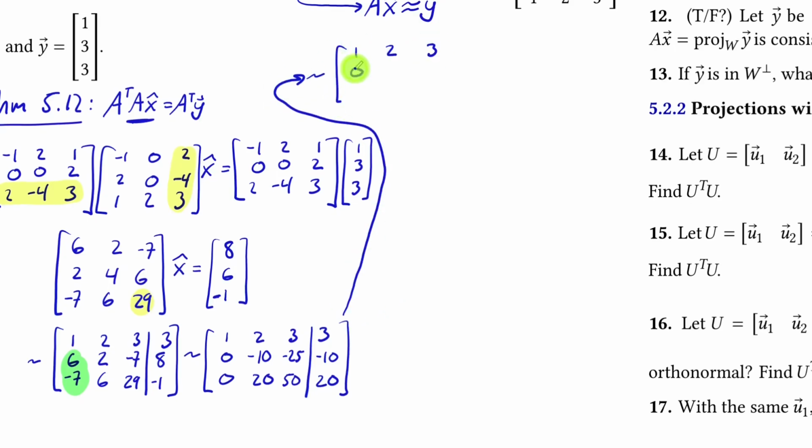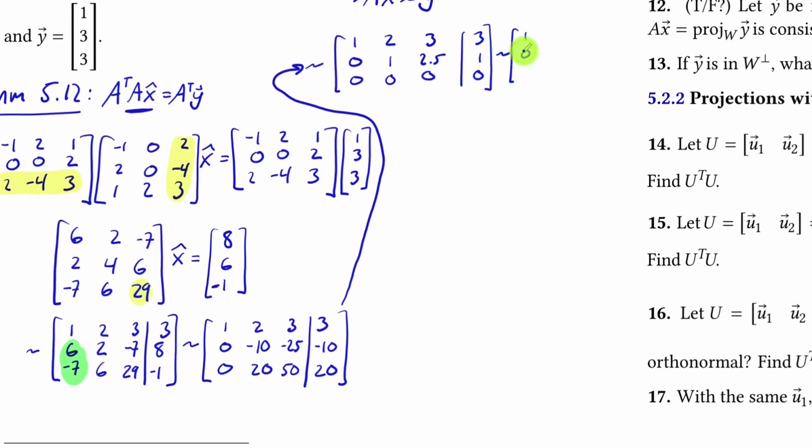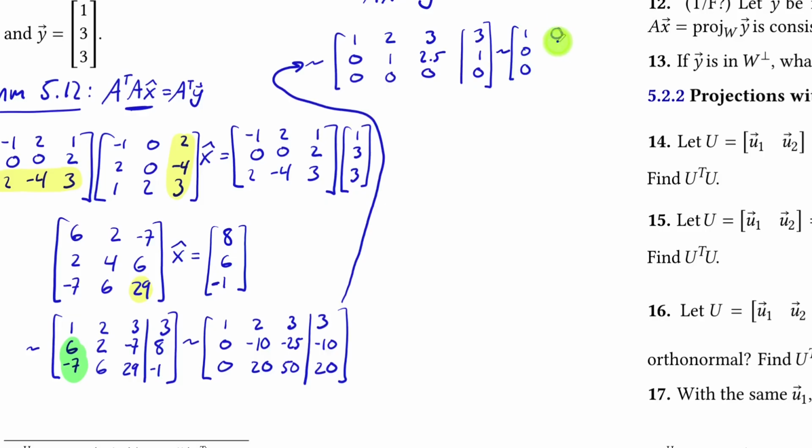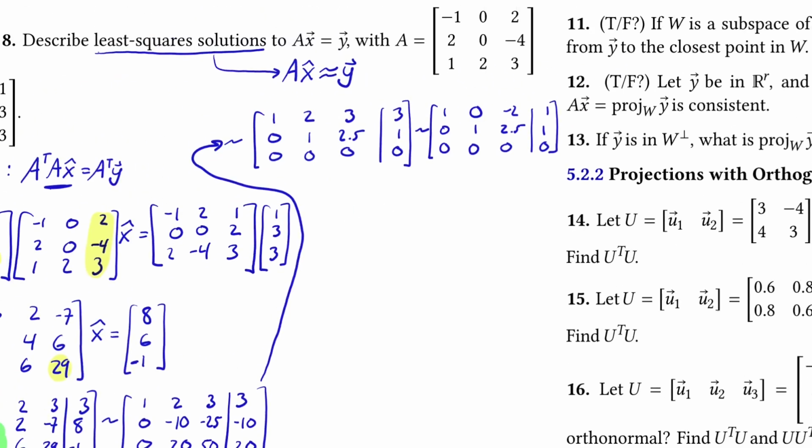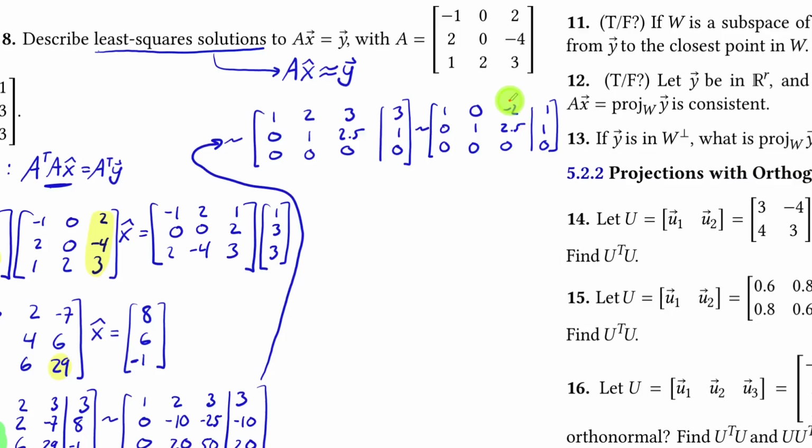And I'll also scale row 2 to get it into reduced echelon form. We still need to get rid of that 2. All right, so this now has an infinite number of solutions because we have a free variable in the x3 column.